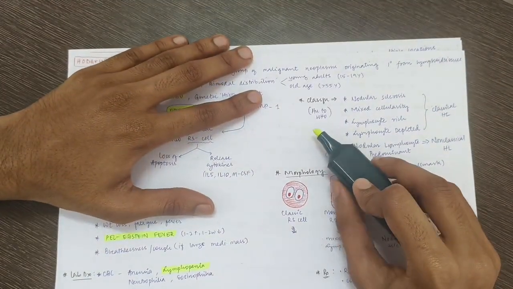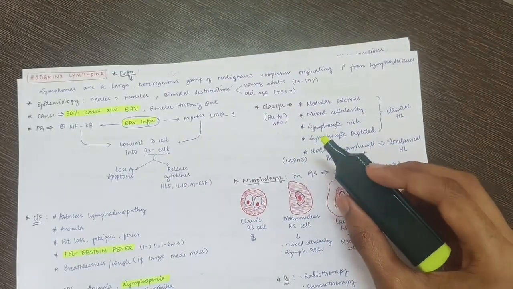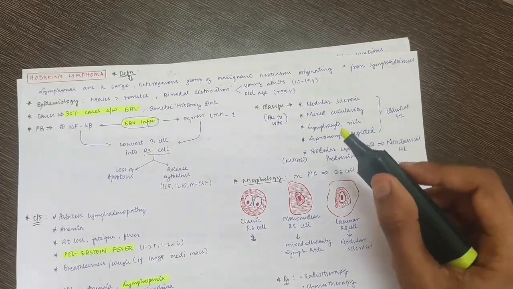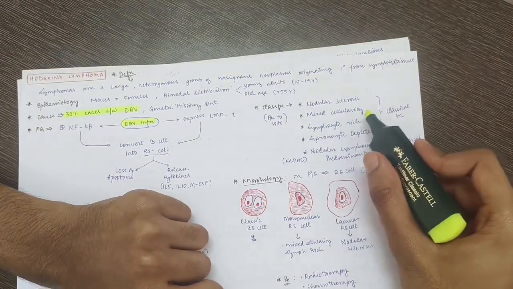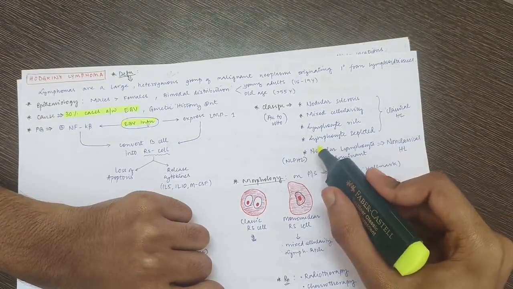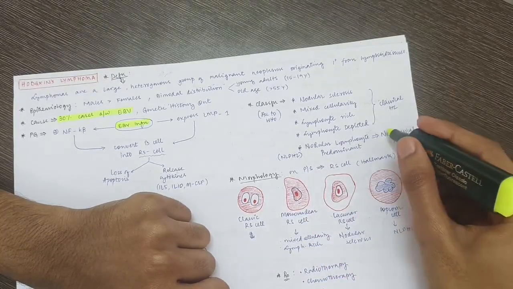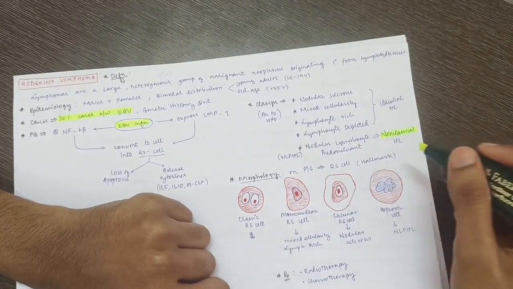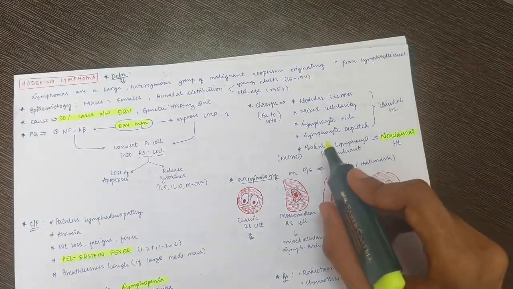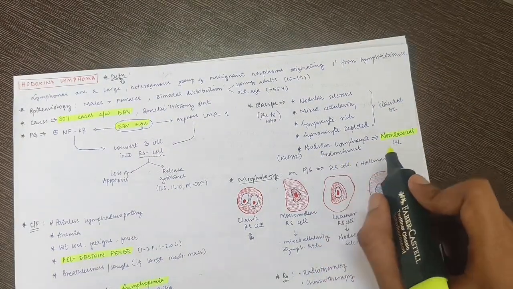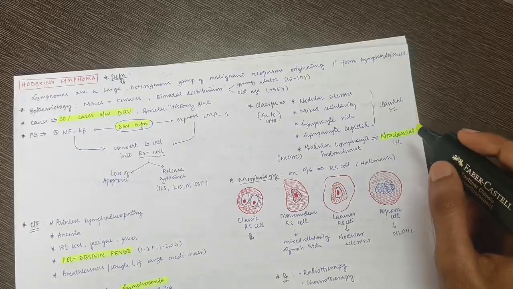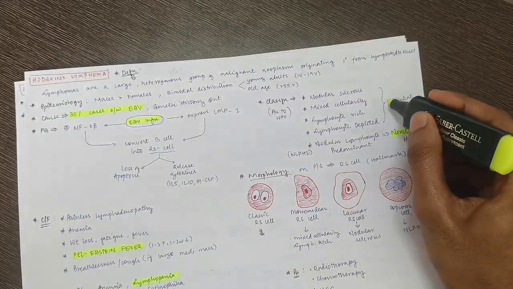Based on the WHO, you are going to classify Hodgkin's lymphoma into 5 types: nodular sclerosis, mixed cellularity, lymphocyte rich and lymphocyte depleted. The last one is nodular lymphocyte predominant, a non-classical variety, NLPHL, nodular lymphocyte predominant Hodgkin's lymphoma, whereas the others are classical.